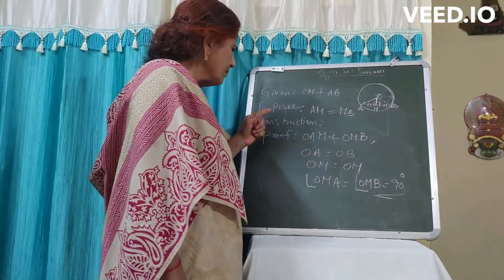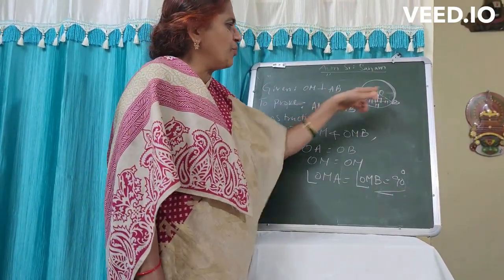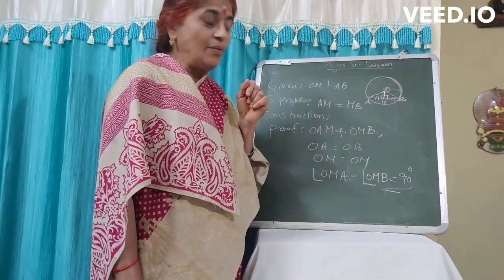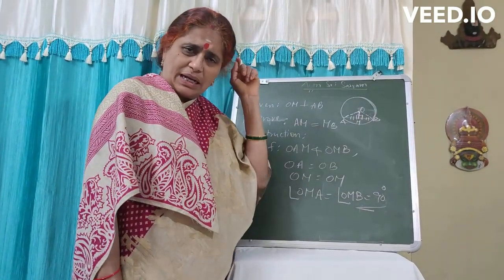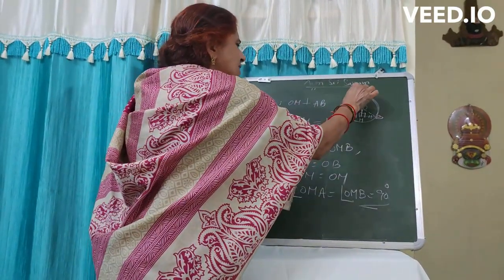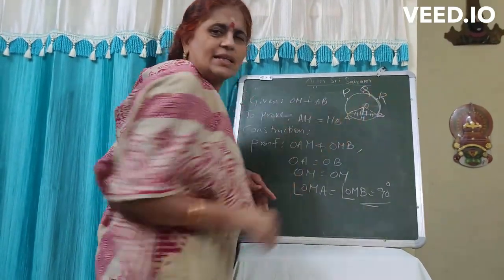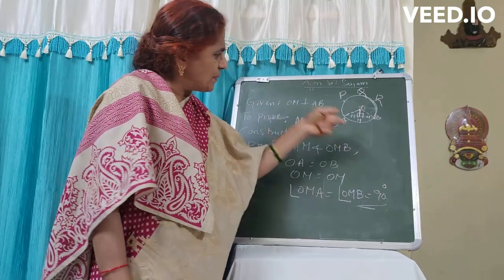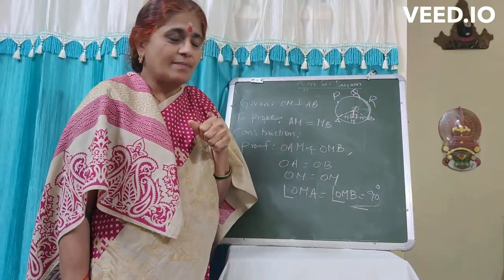Next, for construction, here OA and OB are joined. Now there is a big question for the student. Whether only OA and OB have to be joined, why not go for some other points, taking some other points on the circumference of the circle and join them? Why is this particular construction so important and relevant?